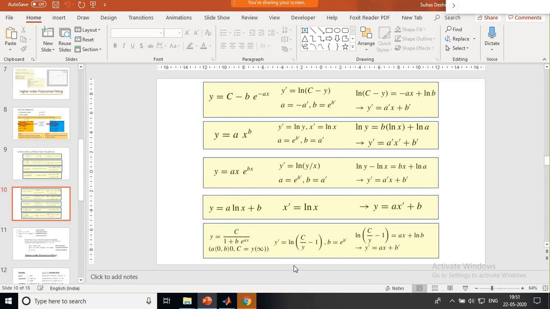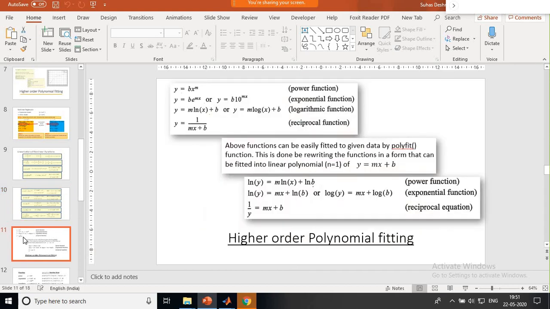In the same way a huge number of equations can be converted into linear equations, fitted in the linear domain, and then converted back. That is how you can do a transformation from one domain to another domain, and come back to the original domain. MATLAB will help very nicely in this case.